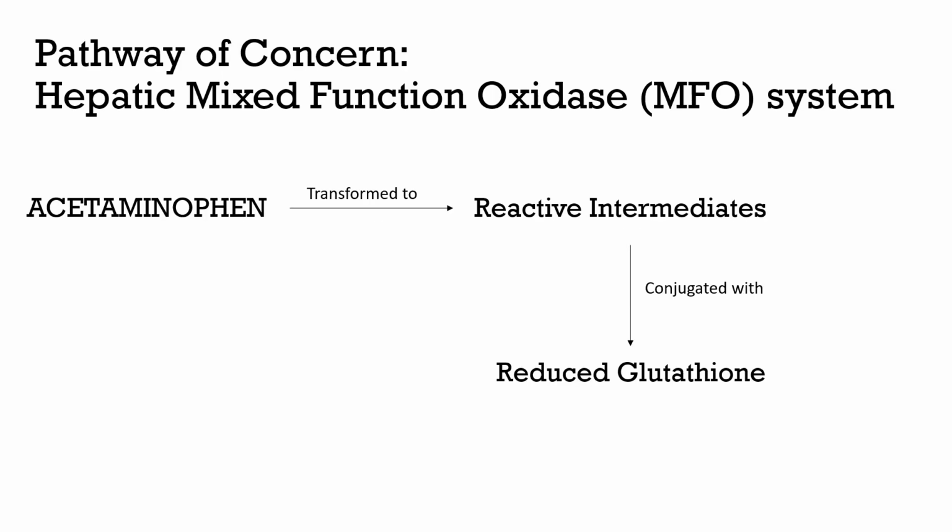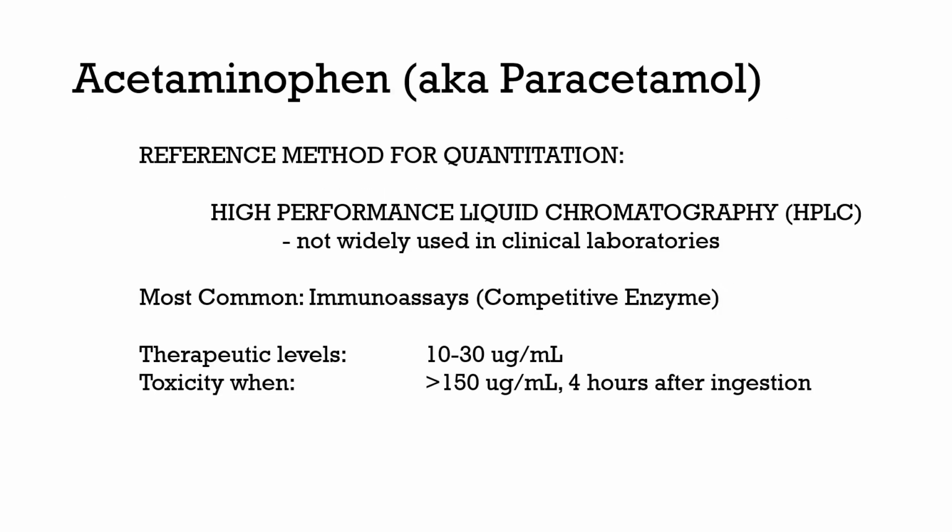Okay, the pathway of concern would be the hepatic mixed function oxidase system. So acetaminophen is transformed to reactive intermediates, which are conjugated with the reduced glutathione. The reference method for quantitation would be high-performance liquid chromatography, which is not widely used in clinical laboratories.